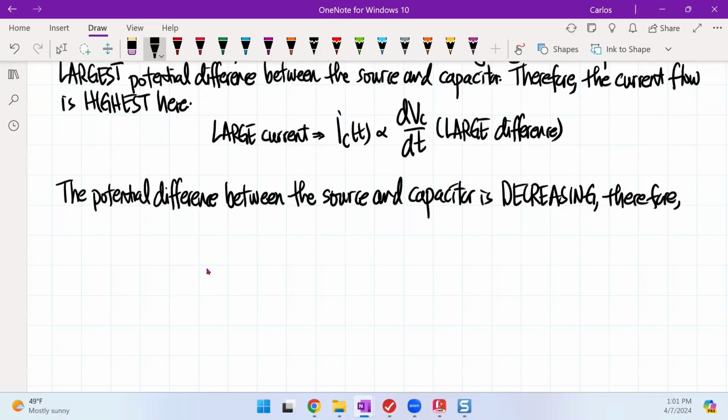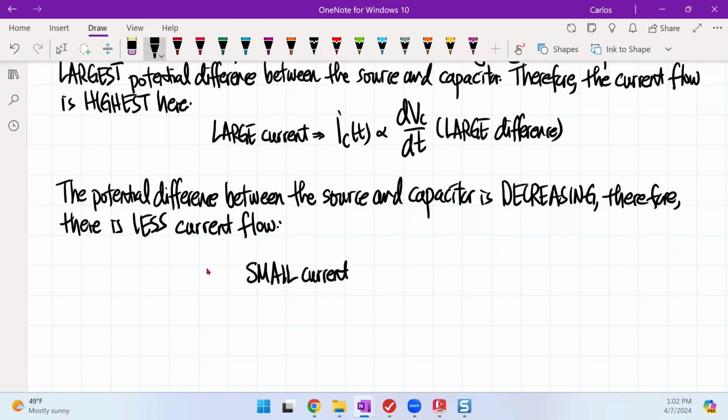Therefore, there is less current flow. In other words, we have a small current, which implies a small IC, because the push, the potential difference, is a small difference.